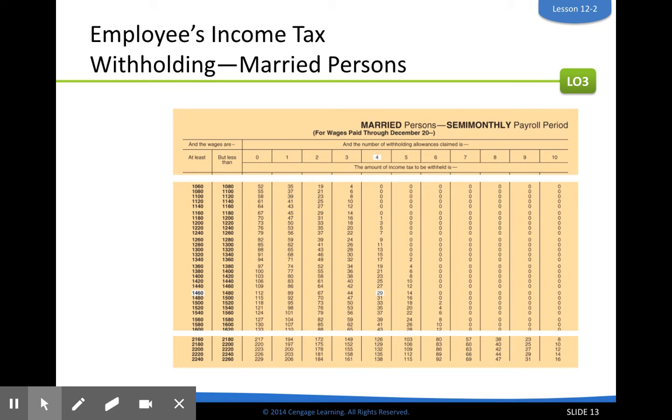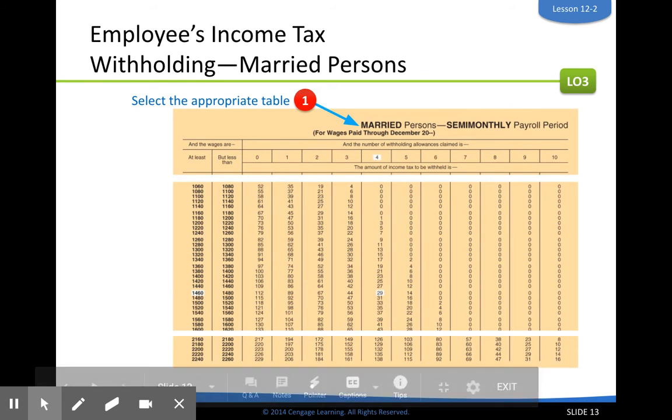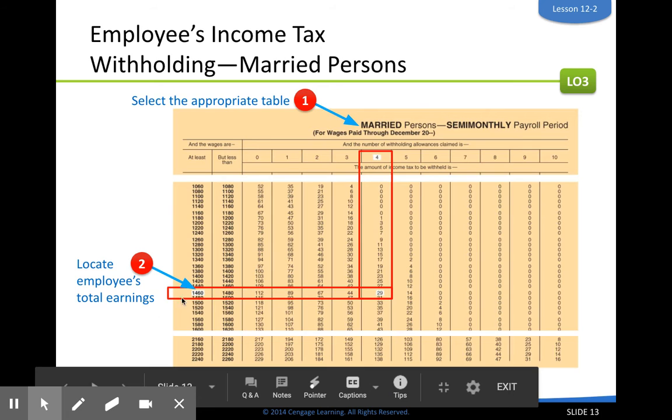So we have here the table for a married person. They have 4 allowances, and they make $1,460. So we calculate how much to withhold for federal income tax by going down from the allowances over from $1,460 that they make.